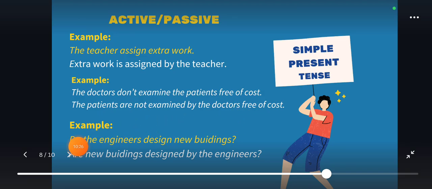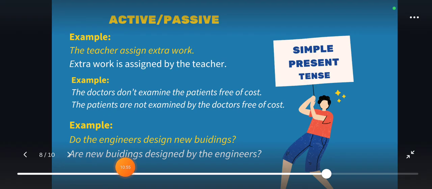Lastly we have an example of an interrogative sentence. Do the engineers design new buildings? So it is starting with the helping verb do. So over here we will start the new sentence with the helping verb. New buildings, it is a plural noun. Okay, so for new buildings we will write are, add helping verb in the start as it is a question statement, so write a helping verb here as well.